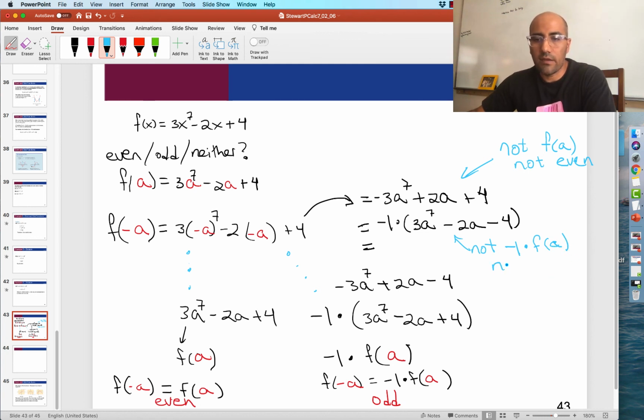So it's not odd. So this is a case of neither. This equation is neither.